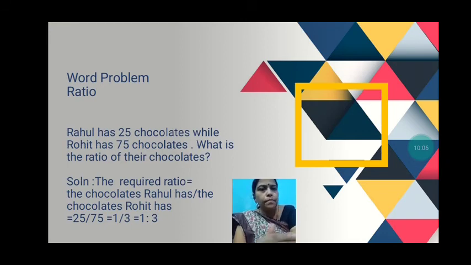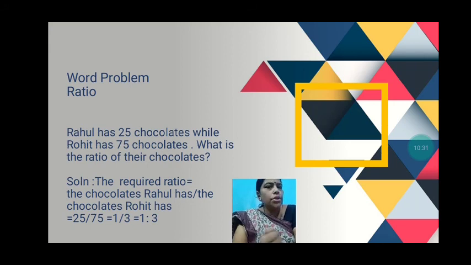When we divide 25 by 75, again we will find the HCF. We will find that 25 is the HCF for both of them. 25 ones are 25 and 25 threes are 75.